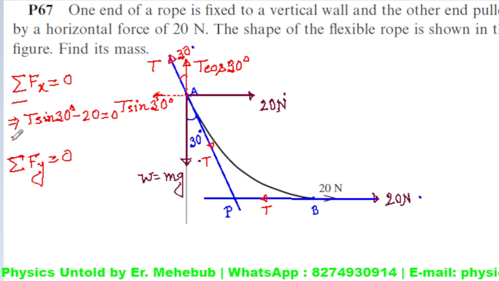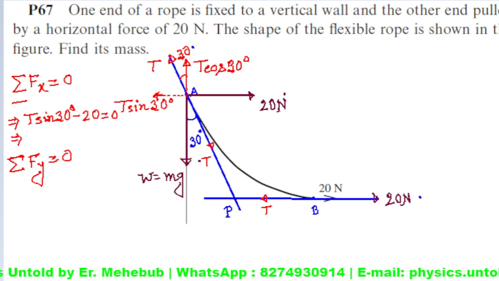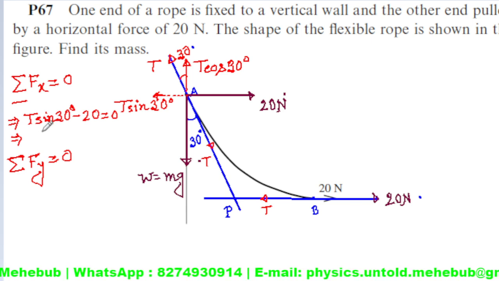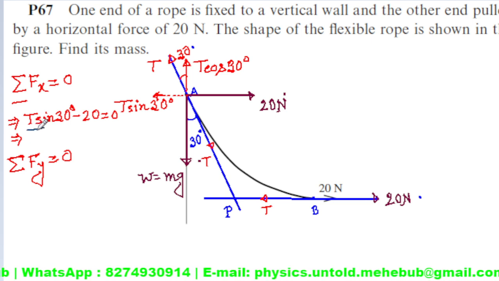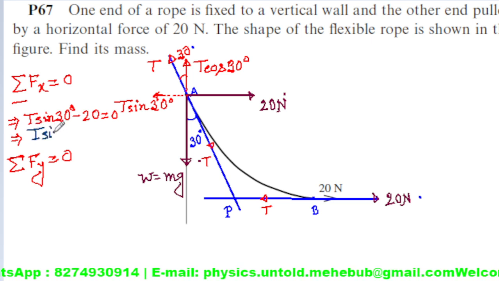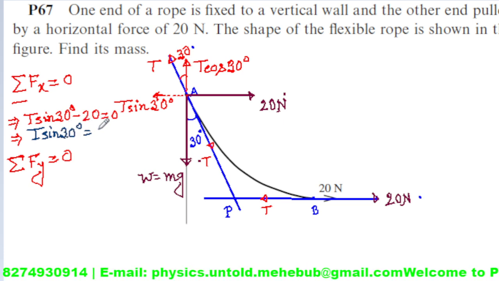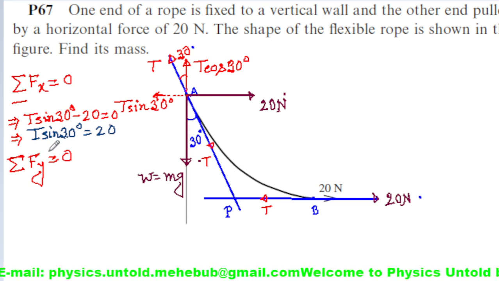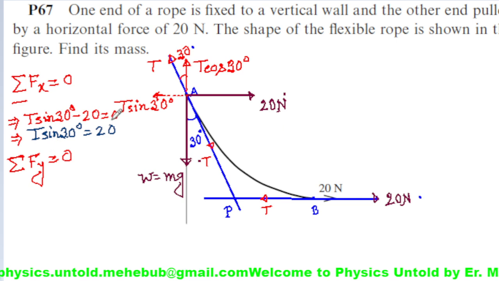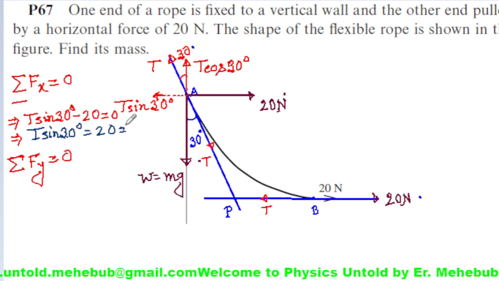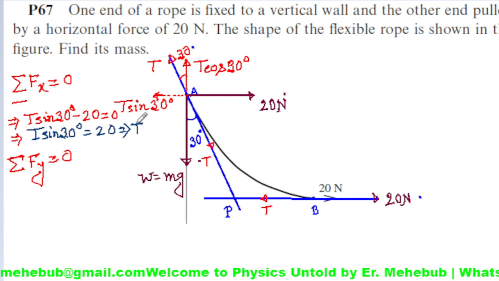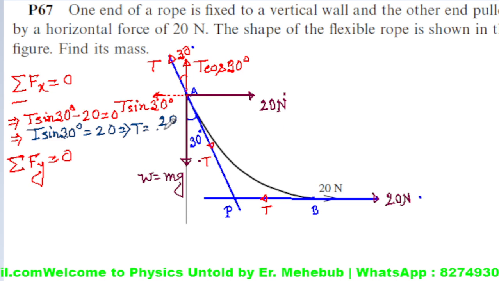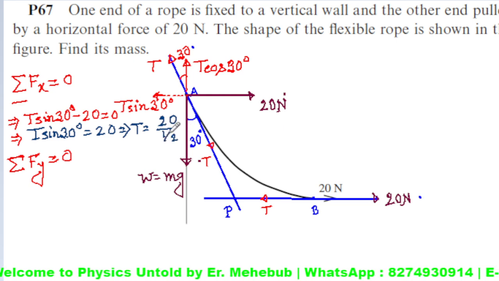Solving this equation, T sin 30 degrees equals 20, so T equals 20 divided by sin 30 degrees, which is 20 divided by half, equal to 40.